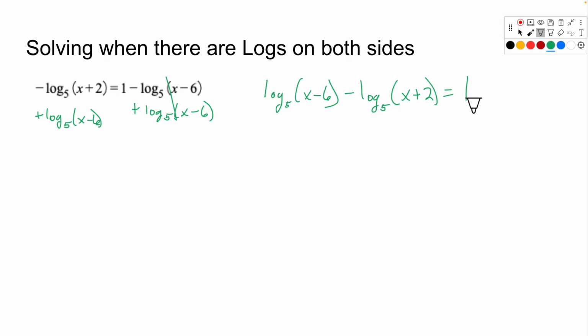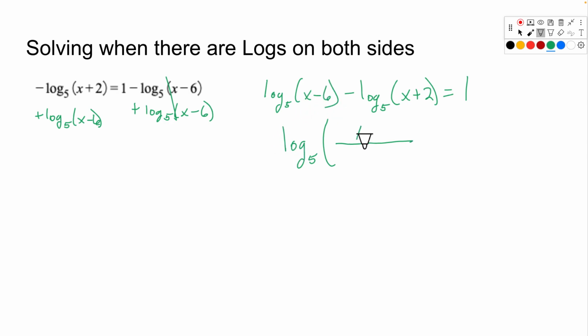Now I can use my log property. So when I've got 2 logarithms that are being subtracted, what does that become as a single logarithm? Do we multiply them or do we divide them? Subtraction is division. Okay, so there's that connection. If it was addition, we would multiply them together. Subtraction, we're going to divide them.